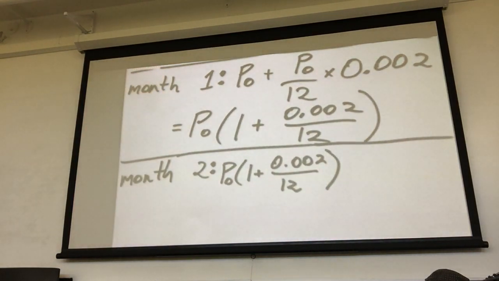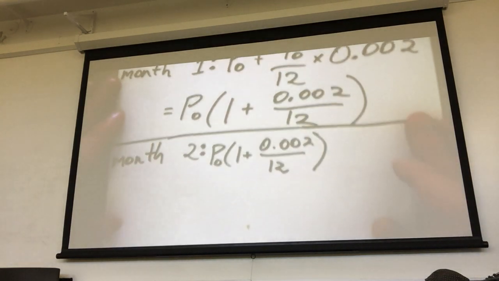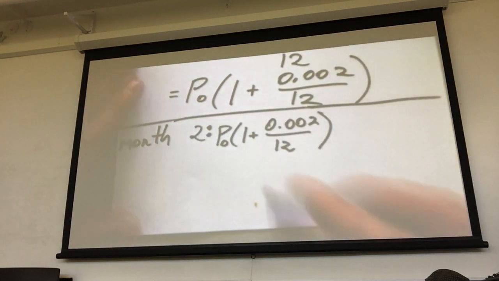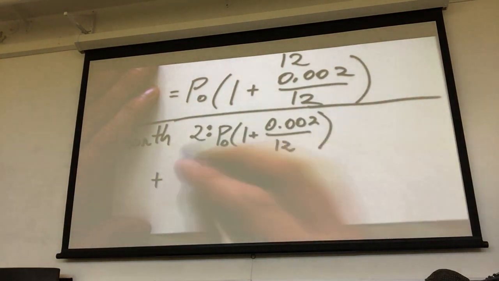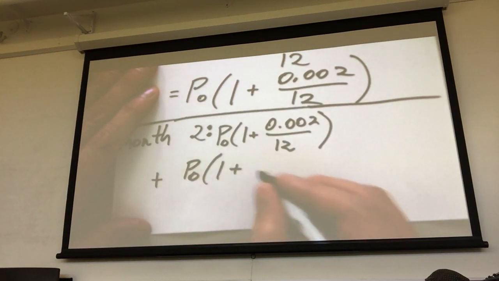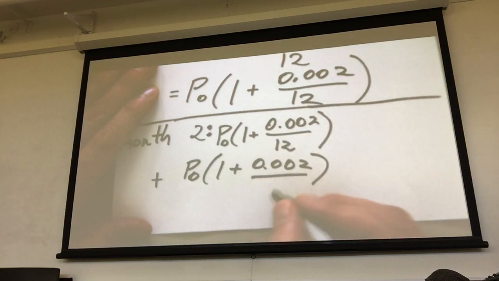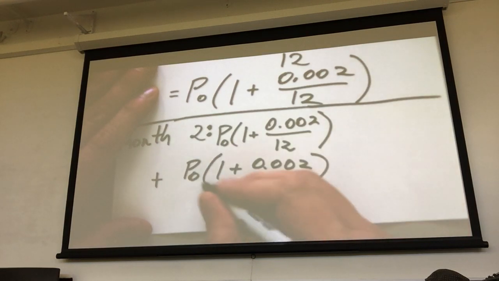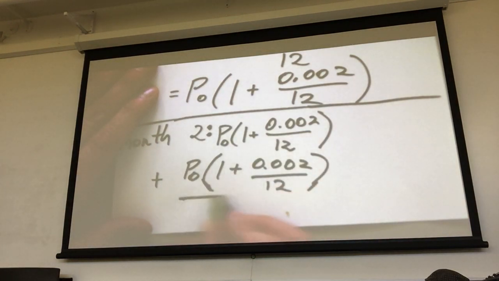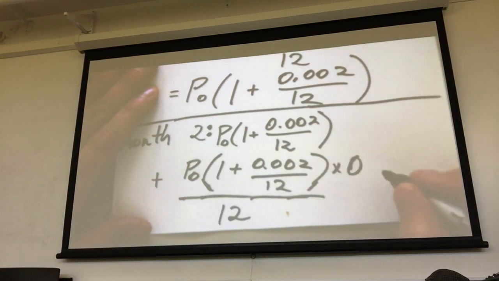Okay, so that is already in the bank account. And then what am I going to do? I'm going to take that amount that is in the bank account, and I'm going to add the amount that was in the bank account already. I'm going to take that amount right there. I'm going to divide it by 12, and once again I'm going to multiply it by the interest rate.